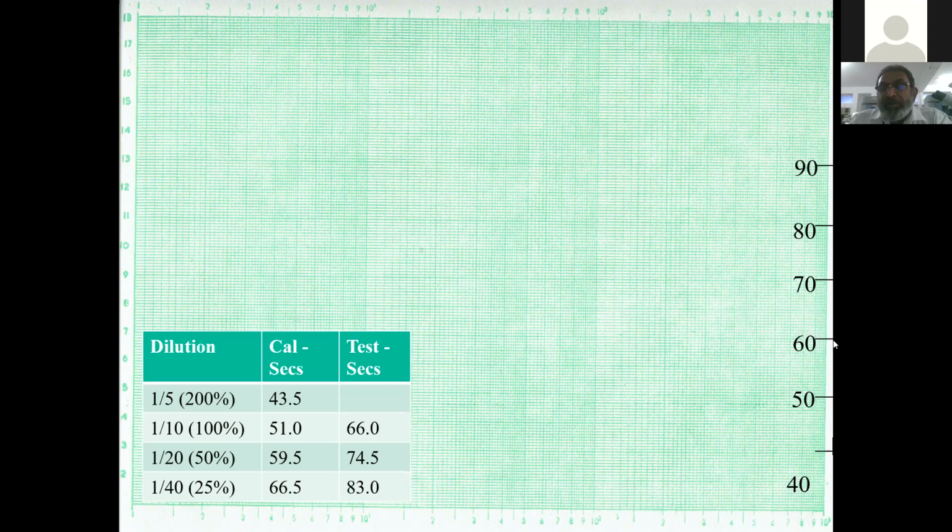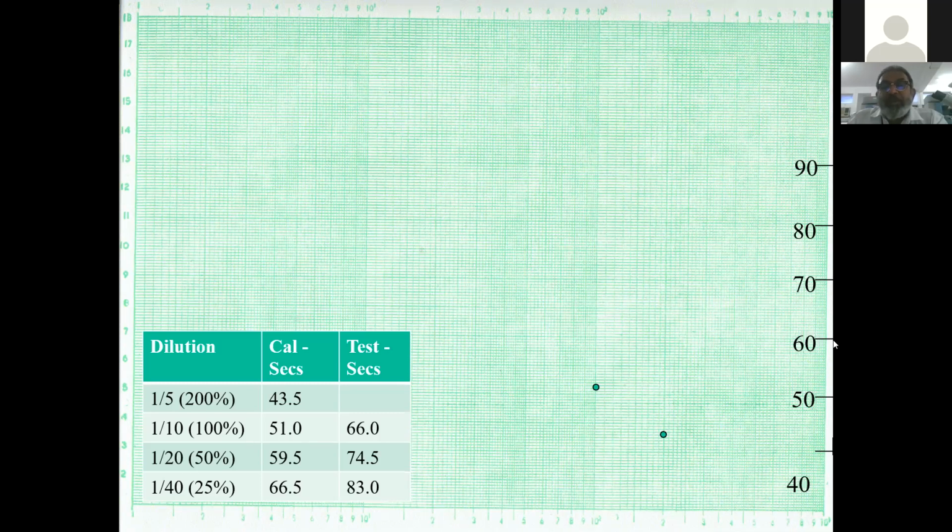So can we plot them on the graph paper? So you have 43.5. I think that 40 has fallen a little below, but 43.5. Then 50, that's 1 in 5 dilution, which is 200%. For 1 in 10 dilution, you have 51, which is just along the 1 in 10 dilution, which is 100. 51 is just above the 50.